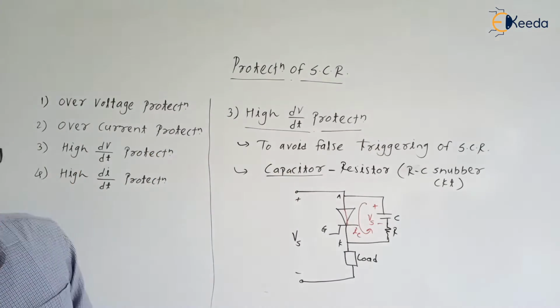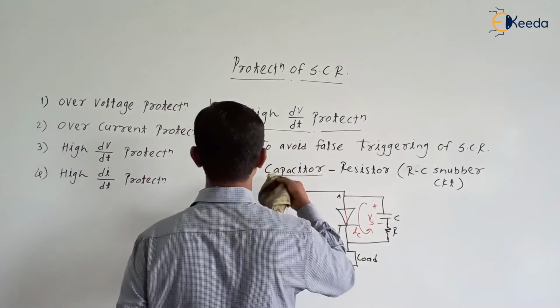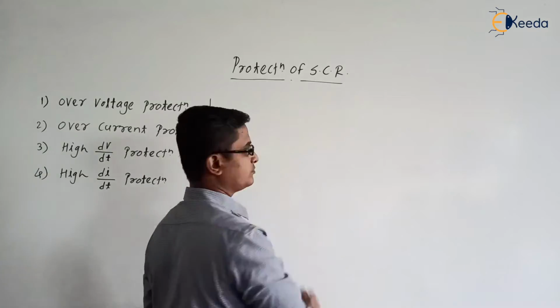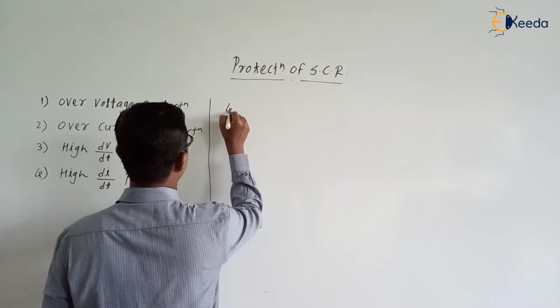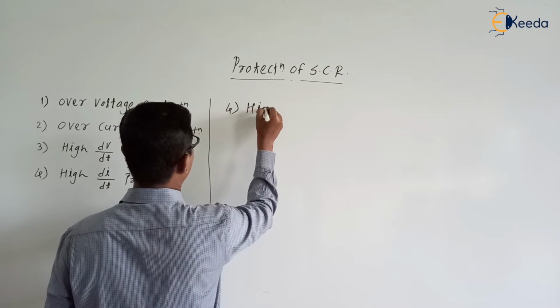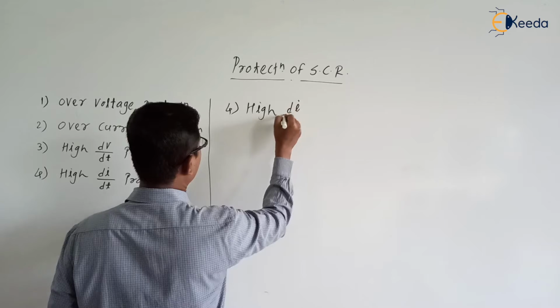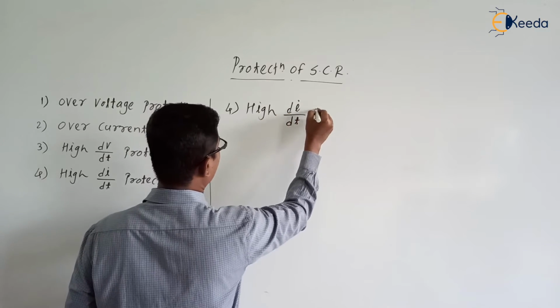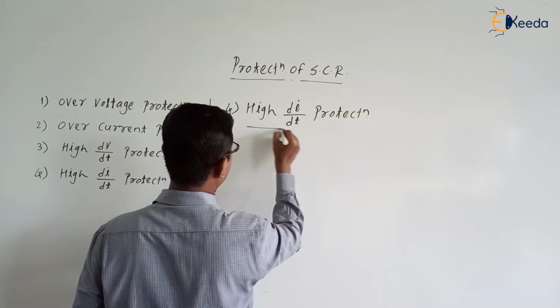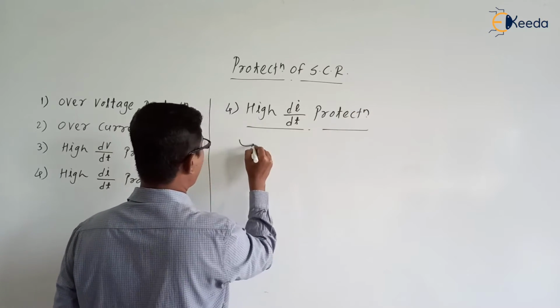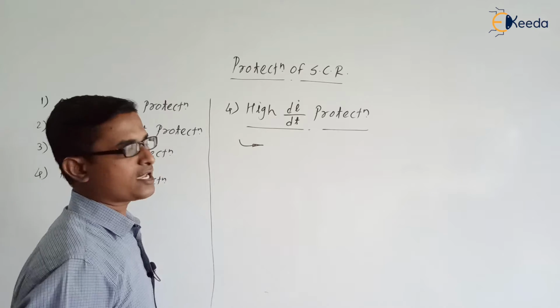Next, the last one we are going to discuss is the fourth one, high dI by dt protection. Why do we need to protect the SCR against high dI by dt?